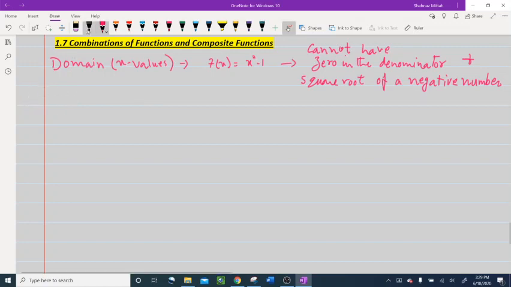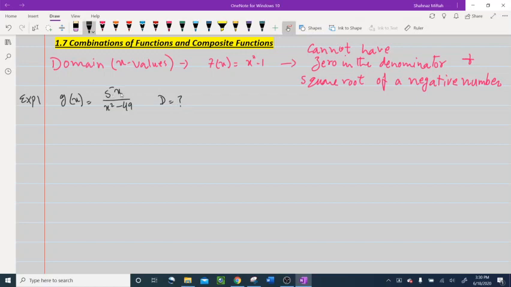Okay, so let's do some examples here. This is example number 1: find the domain of g of x, which is 5x over x squared minus 49. If you pay close attention, I'm looking for the domain.